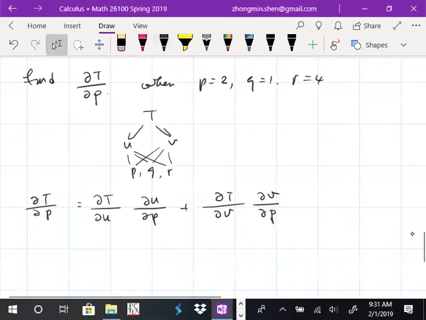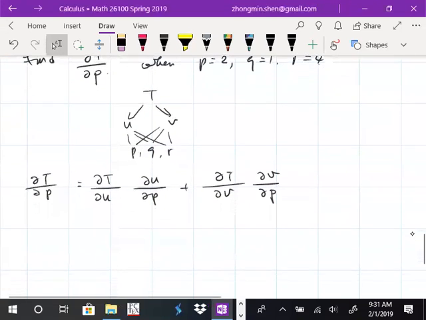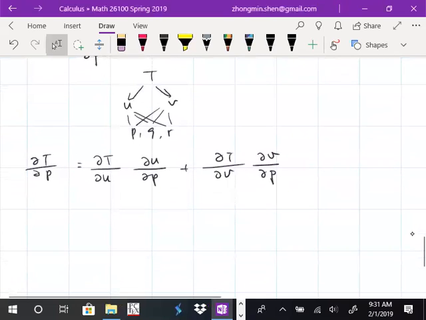So now let's find the derivative of T with respect to U and with respect to V. It's pretty complicated, so let's do this first.